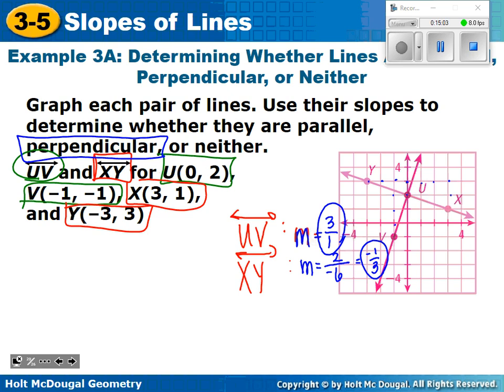Speaking of y-intercepts, what are the coordinates for a y-intercept? 0 something, and that something is going to be that b value, right? So y-intercepts are at 0, b. The equation for a horizontal line is y equals b.